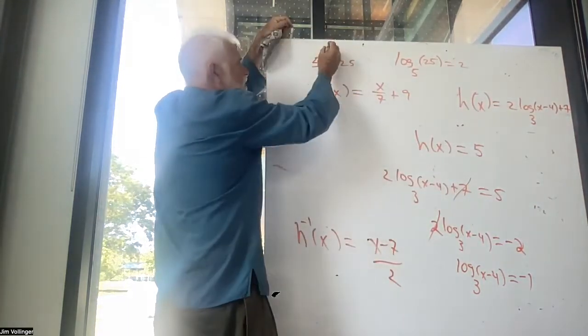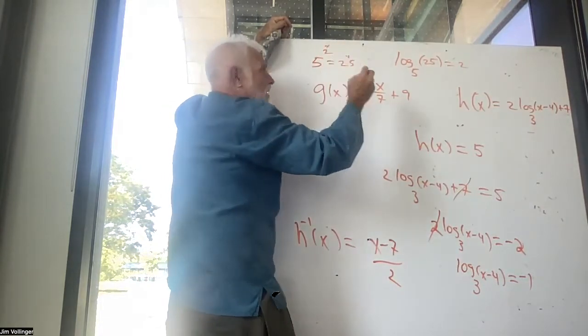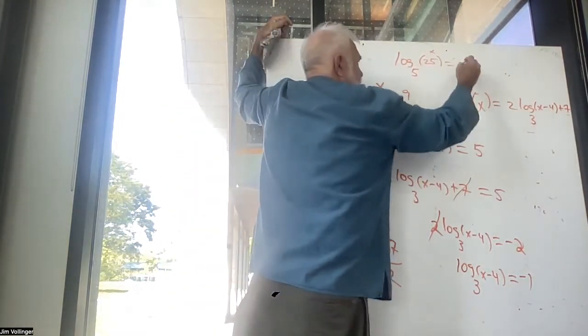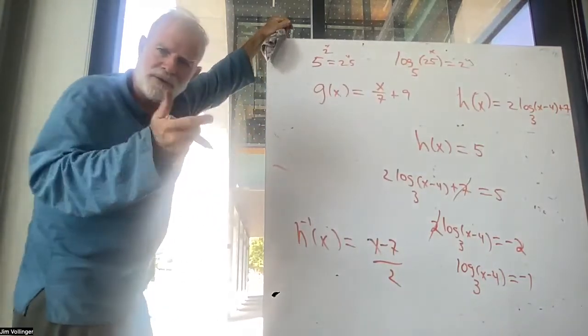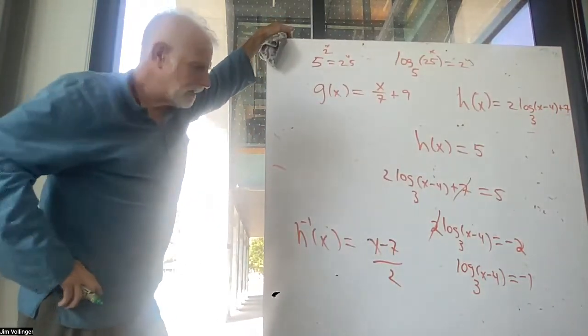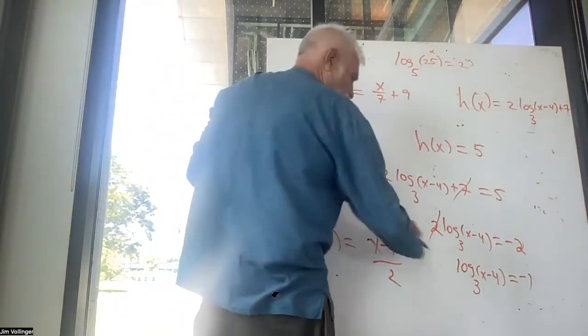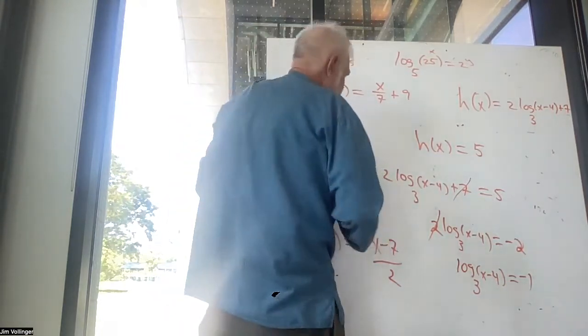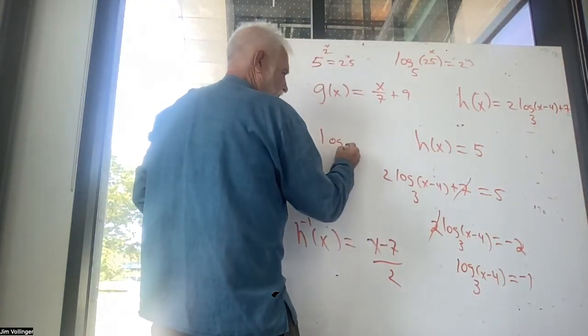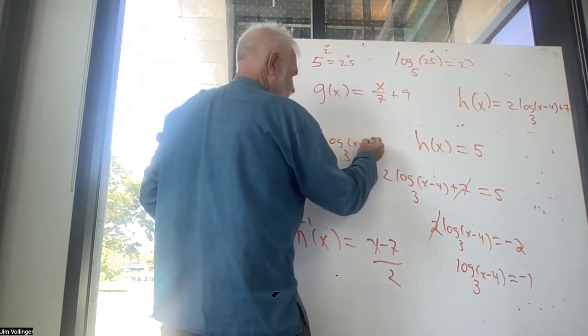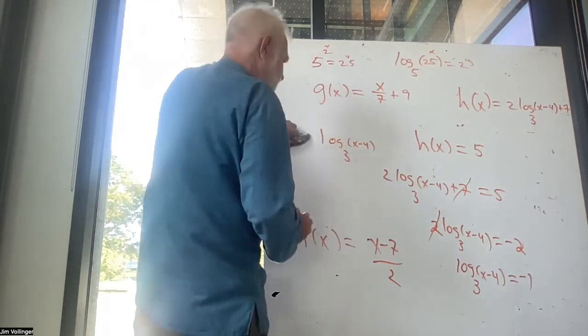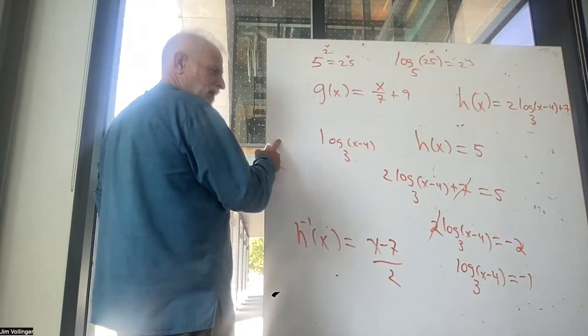So over here, this is your x and this is your y. Over here, this is your x and this is your y. And you can see they're reversed. They're inverses. So right now, I am in log form. I am log base 3 of x minus 4. And I want that to become exponential.